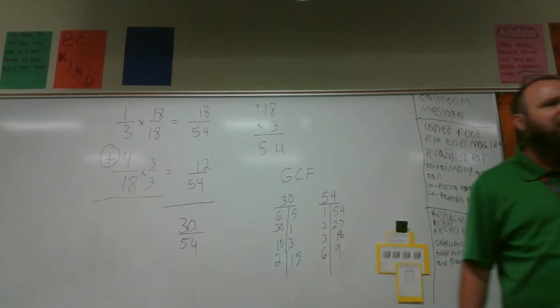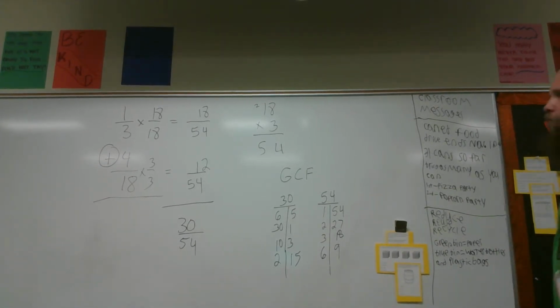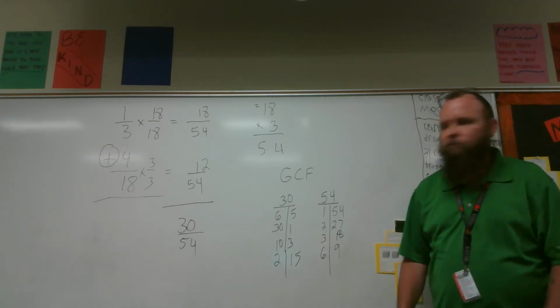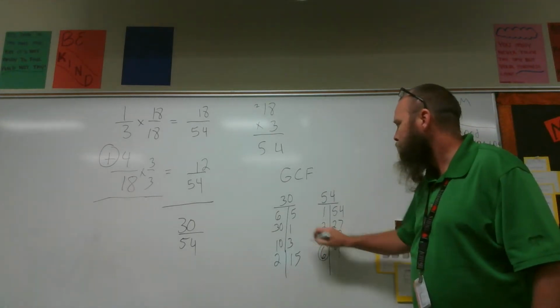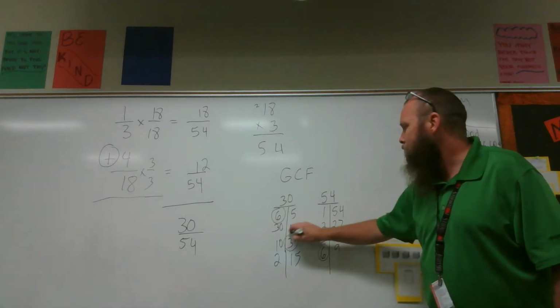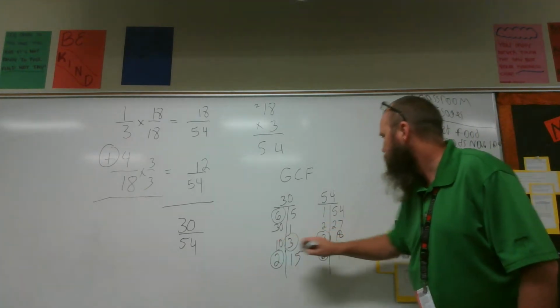So now, Caitlin, what are my common factors for 30 and 54? 6, 3, 2, and 1.